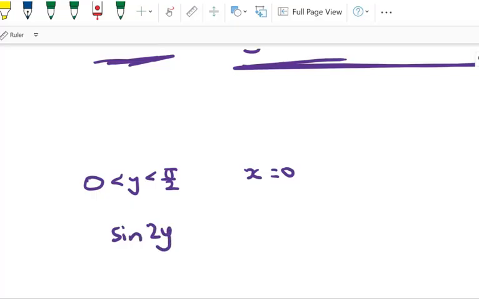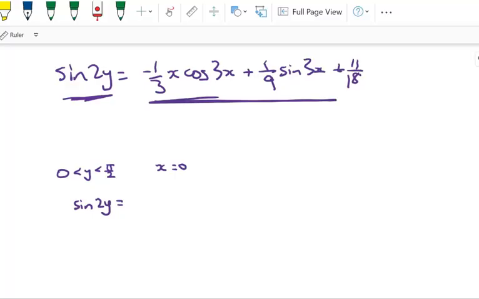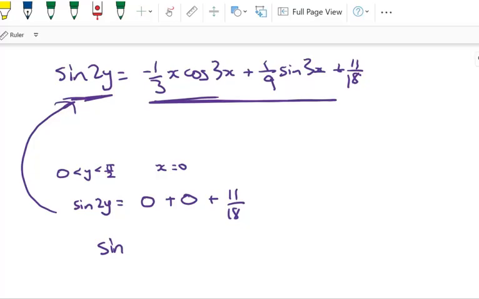So looking back to my DE, substituting into here, sine of 2y is going to be 0 plus 1/9 of 0 is 0 plus 11 on 18. So we're solving sine of 2y is equal to 11 over 18.